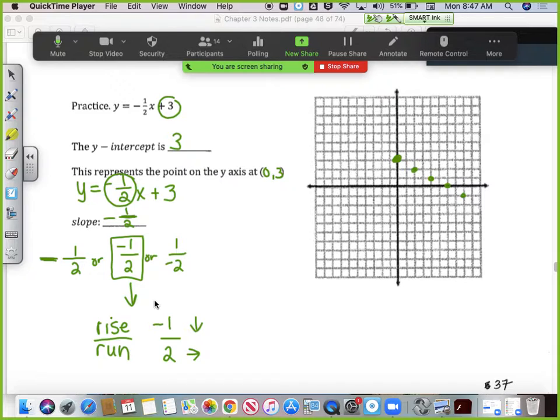And if you keep doing that, you will keep creating points that are along the same exact line, because slope is a steepness that connects all of these points that are on the same line. Once you have 2 points, you only need 2, then you can draw a line through all of the points to the best of your ability, and that is your equation of a line in slope-intercept form.